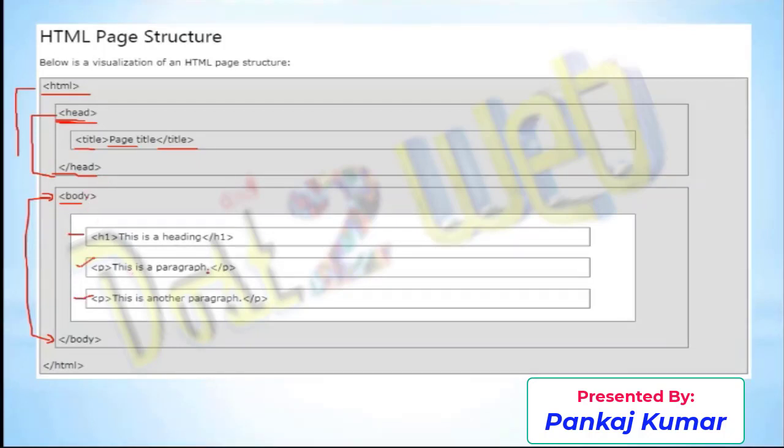That functionality, whatever you want to appear on the page, you can define similarly, and close the body tag. And finally, we have opened the HTML tag, so you have to close the HTML tag. This is the basic syntax or page structure of any HTML page or HTML website.